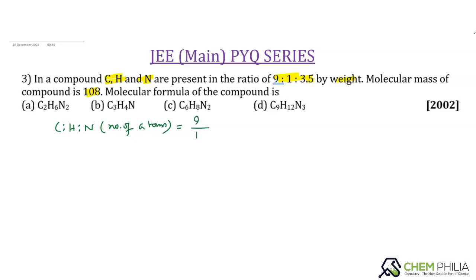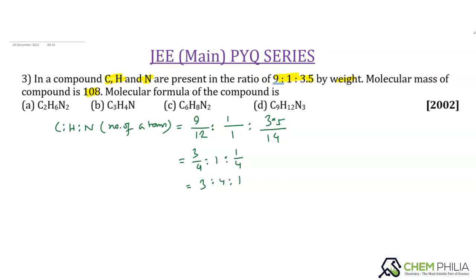It's 9, and its atomic weight is 12. So, hydrogen's mass is 1, its atomic weight is 1. So, nitrogen's mass is 3.5 and its atomic weight is 14. So it's basically 3 by 4 is to 1 is to 1 by 4, or we can say 3 is to 4 is to 1.